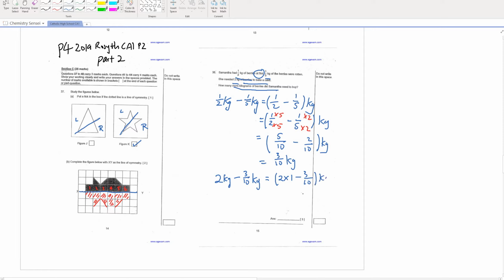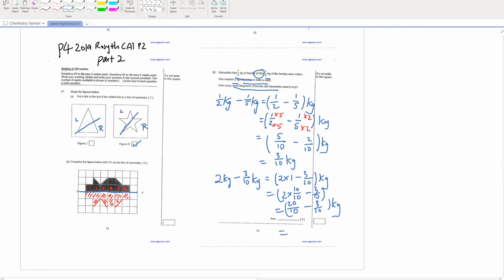Okay, and 1 is simply 10 over 10. We follow the denominator over here. So 2 times 10 is 20 over 10 minus 3 over 10 kilograms.